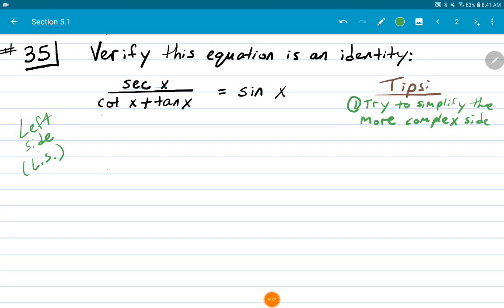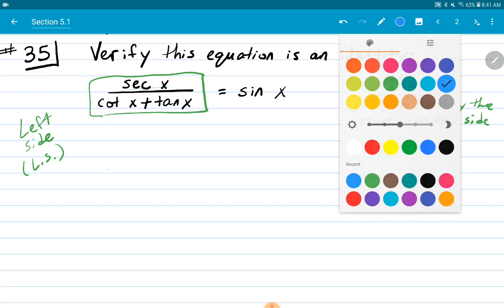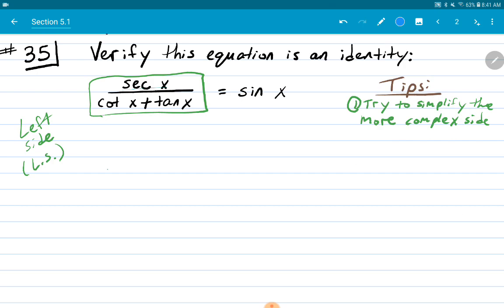So working with just this side right here, the next thing I'm going to do to break this down is, when I break this down to sines and cosines, it does a couple things. One, it makes it more familiar to me so I can see relationships faster and I'm more comfortable with it.